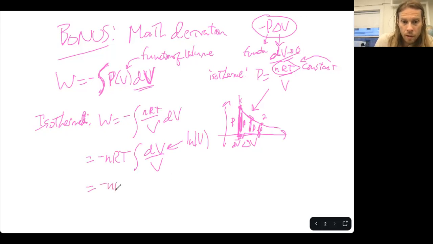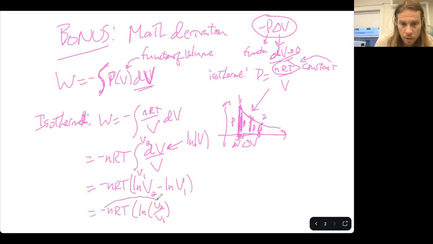So we get negative nRT ln V, but we need to evaluate it from V1 to V2. So we do the natural log of V2 minus the natural log of V1. That's negative nRT times ln of V2 over V1.